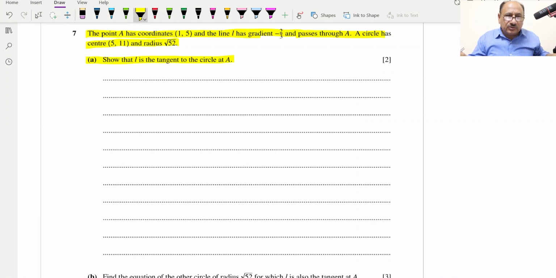So to understand this question, basically we can draw a circle like this one.